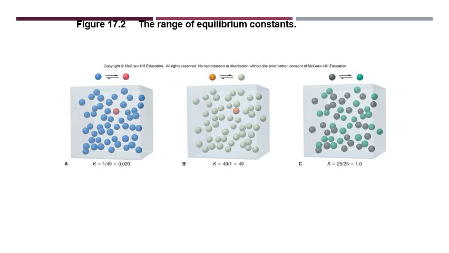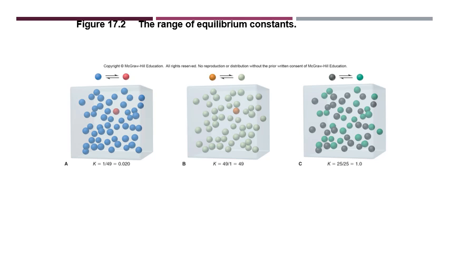So hopefully this diagram will give you a sense of what we're talking about with the reactants or products favored within a chemical reaction. So in this first example, letter A, you can see we have the blue colored molecules being the reactants. We have the red representing the products. So in this equilibrium mixture, you can see that the vast majority of the molecules that are present are reactants, and you have only one that is a product.